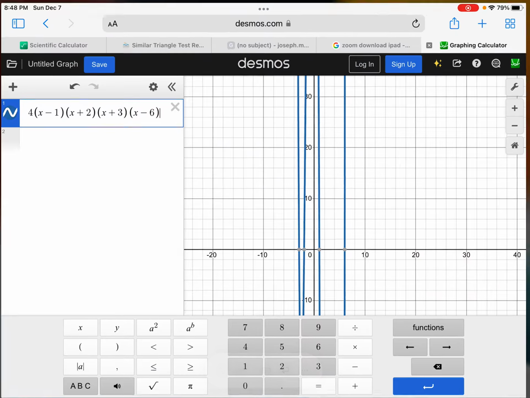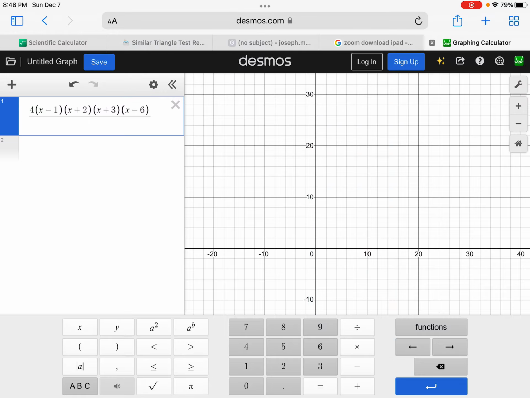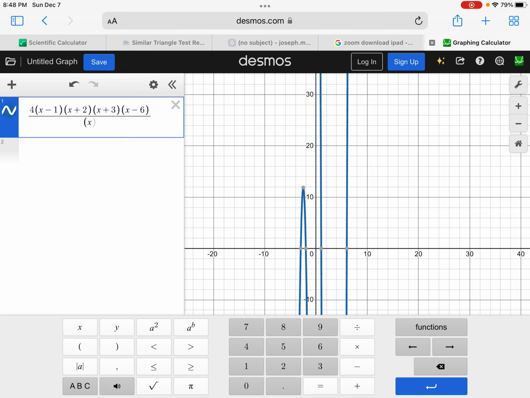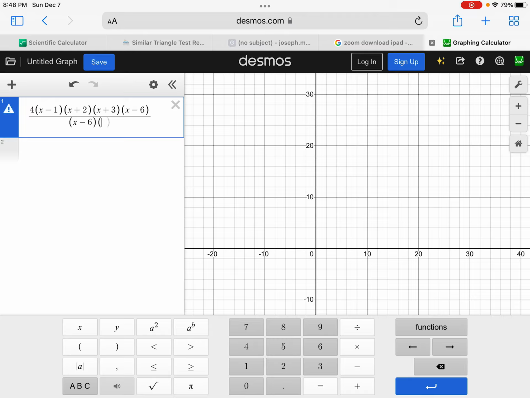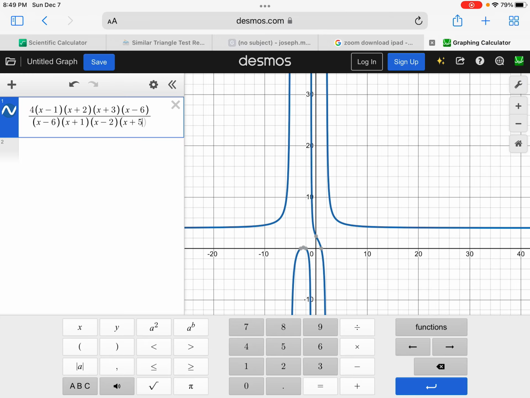Okay, back to Desmos. We're going to divide that on the bottom. We've got x minus 6, and then x plus 1, and then x minus 2. And then finally, we've got x plus 5.